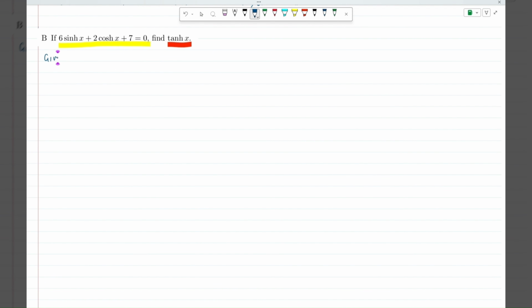So we say that given 6 into sinh of x plus 2 into cosh of x plus 7 equals 0. And simultaneously, I'll just write down the expression for tanh of x. So tanh of x is given like this: e raised to x minus e raised to negative x divided by e raised to x plus e raised to negative x.